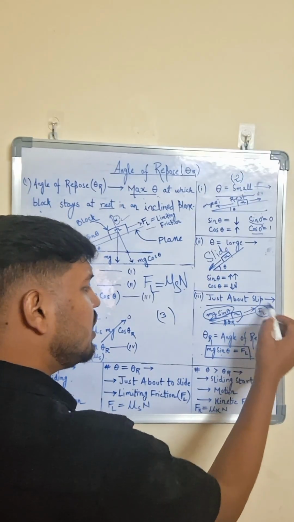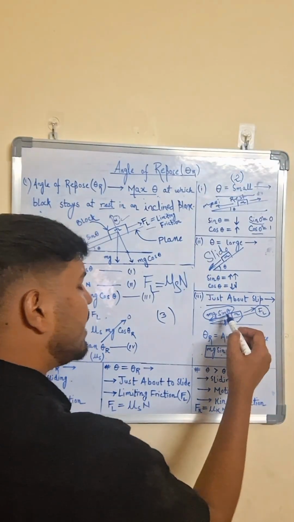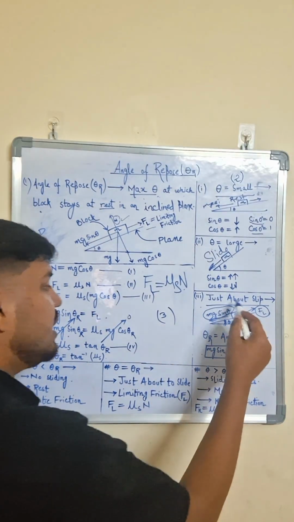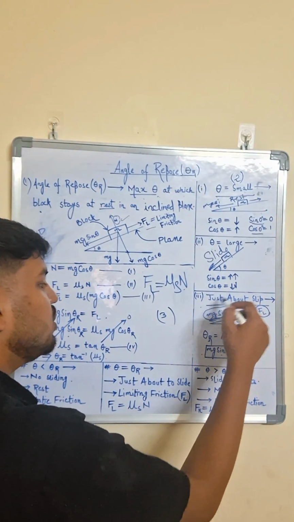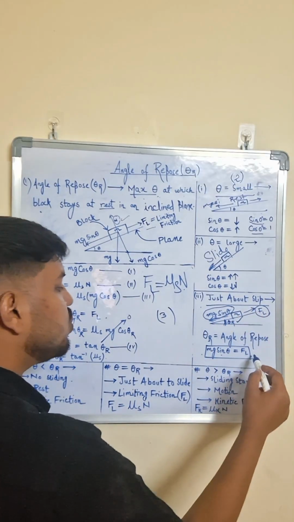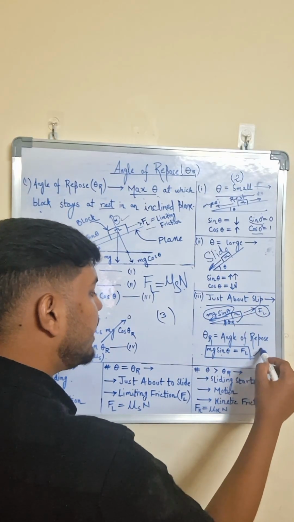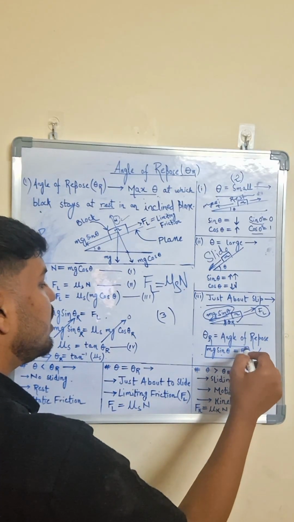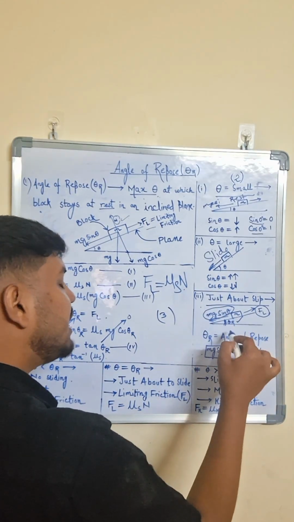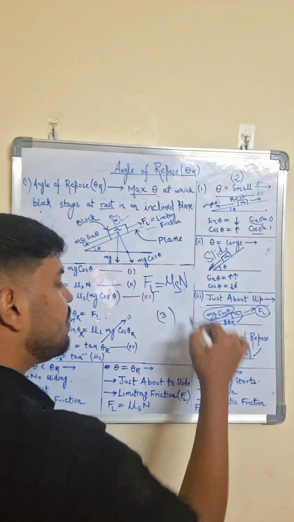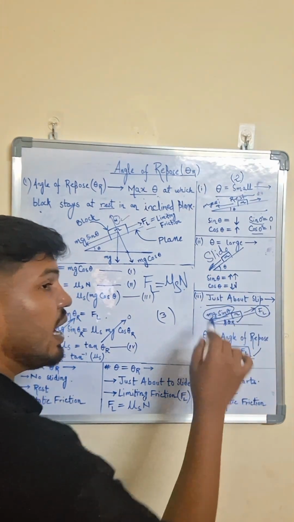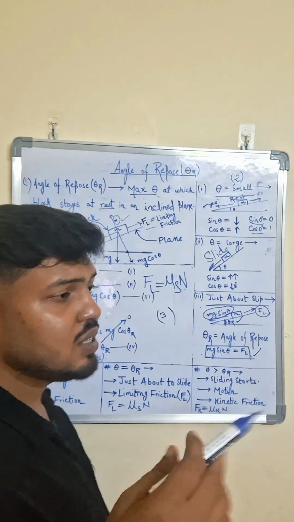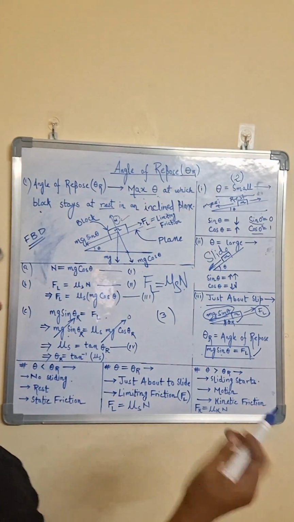Now here the limiting friction acts backward and mg sin theta acts forward, and both values are equal, so the expression we get is mg sin theta equals FL. The theta where we get this case is known as the angle of repose. We will work out this angle of repose with some derivations and mathematical expressions.